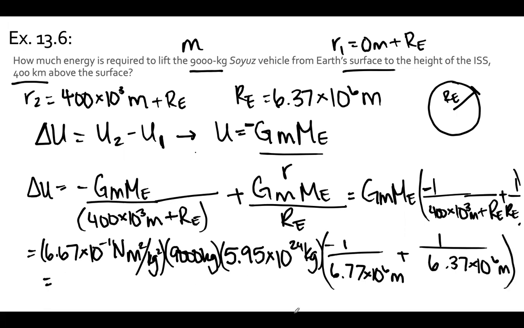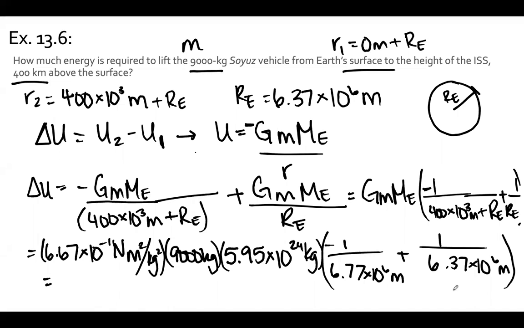Okay, so I'm going to do this portion first. I've got negative 1 over that number, plus 1 over 6.37 times 10 to the 6th. Then multiply that by big G, 6.67 times 10 to the negative 11th, times 900, times 5.95 times 10 to the 24th.